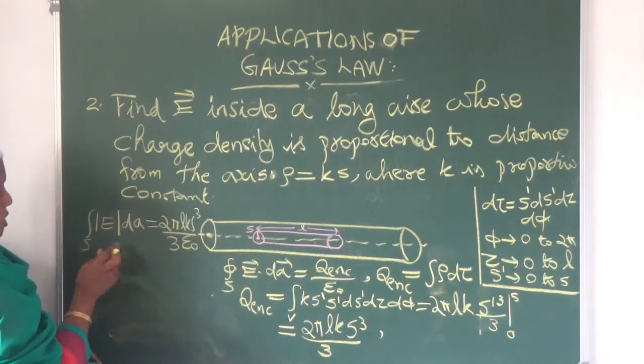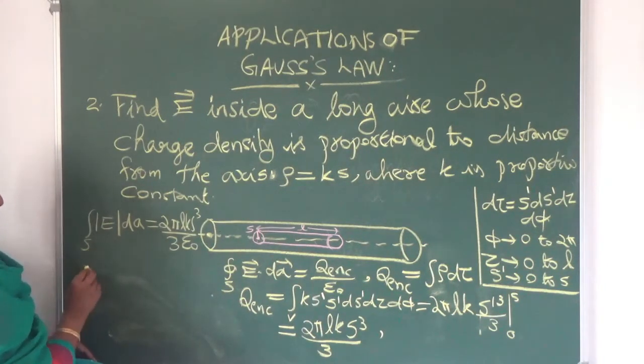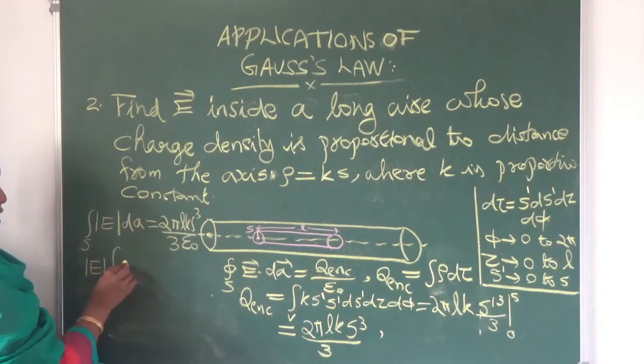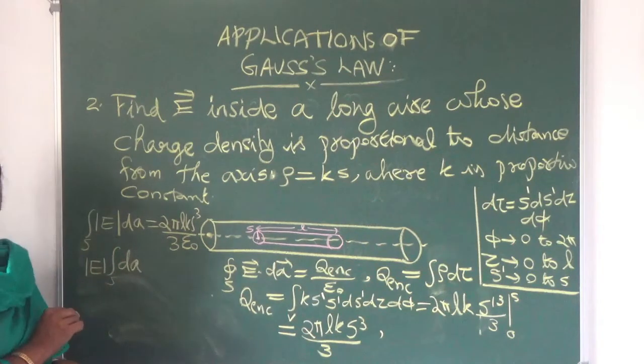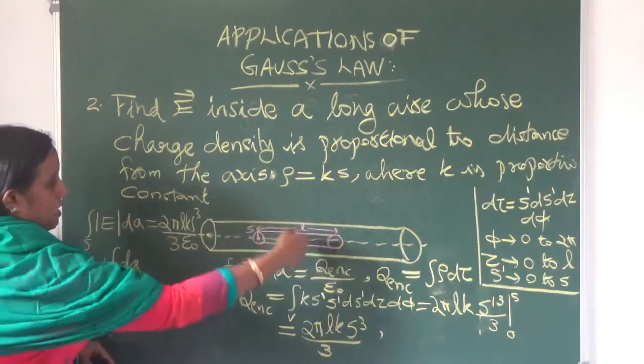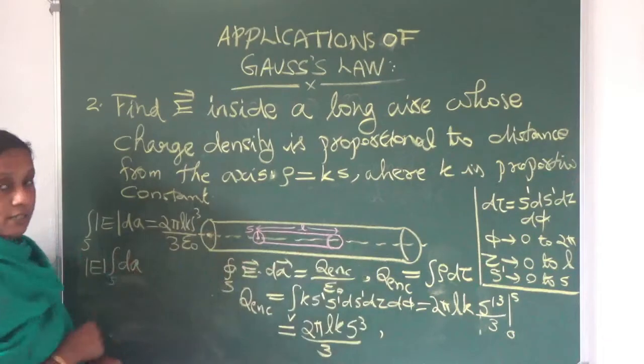Okay, so this is equal to mod E surface integral of dA. What is this, the surface area of this curved surface?